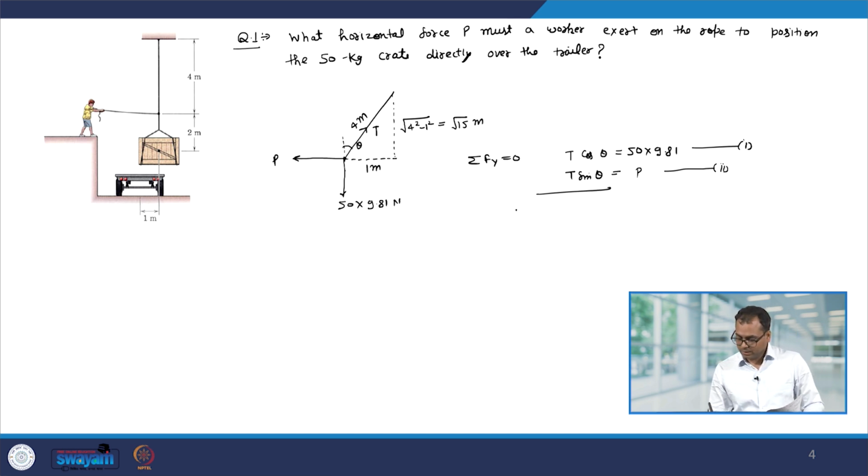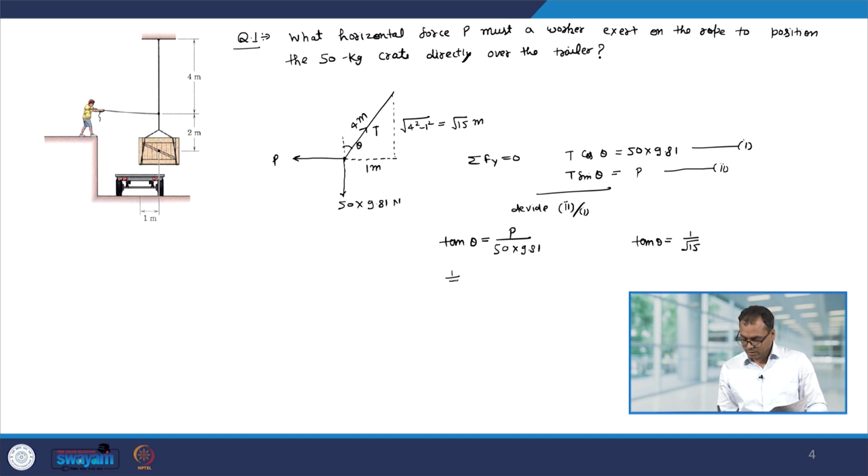Now, if we divide 2 by 1, then we get tan theta equal to P over 50 into 9.81, and tan theta is 1 over square root 15.